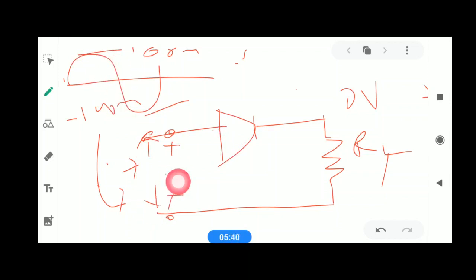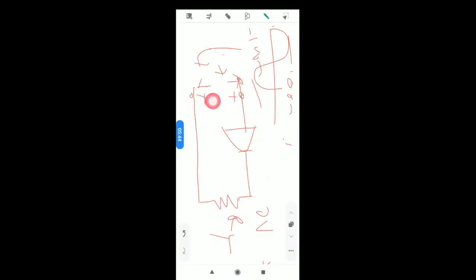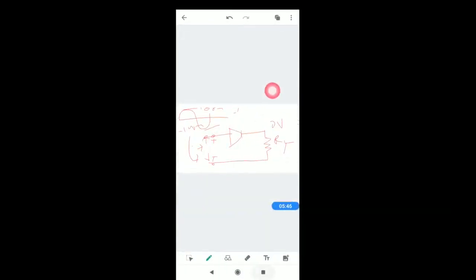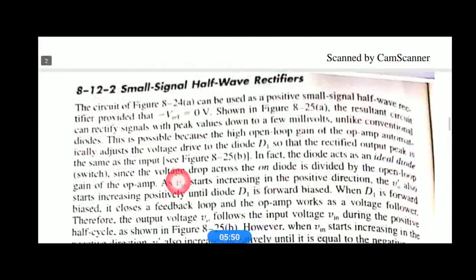So we are now studying a rectifier which we can use for rectification of a small signal which is in millivolt.